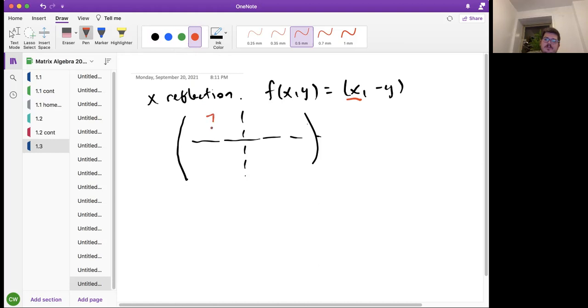Yeah, there's 1 of them. How many y's are there in the first coordinate? Yeah, there's nothing, no y's there. So that takes care of the first coordinate. How many x's are there in the second coordinate? 0. How many y's are there in the second coordinate? Well, there's a negative there, so it's negative 1. So this matrix represents the action of x-axis reflection.